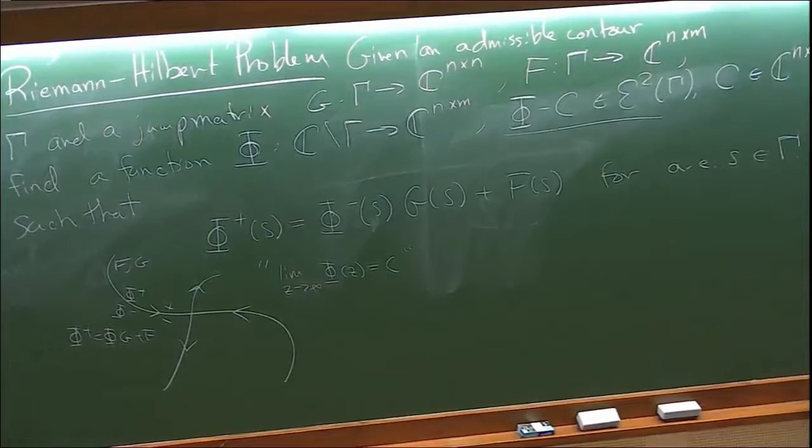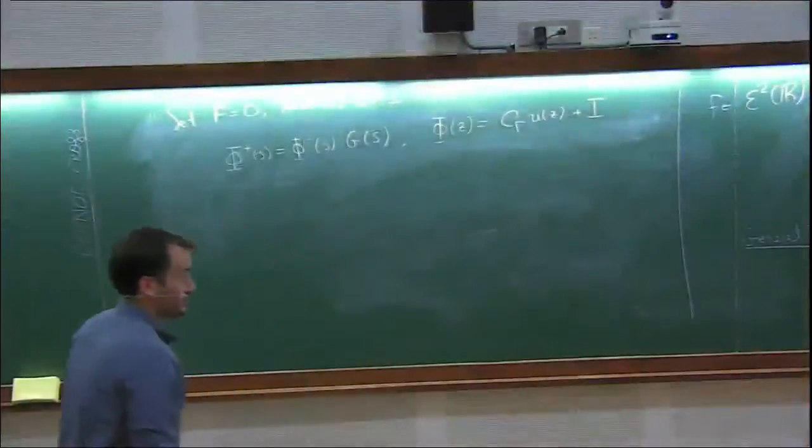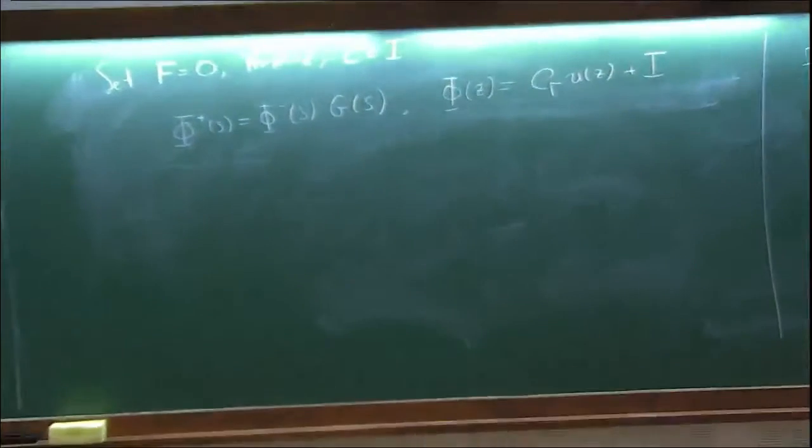Every Hardy space function is found by the Cauchy integral of some L2 function plus an identity. Yes, component-wise. And really, to do everything well, if I'm working with matrices, I have to introduce the matrix norm and make sure everything's consistent. But there's no real complication there.